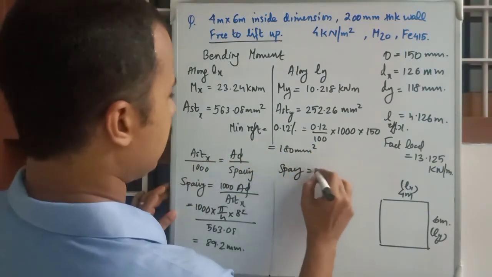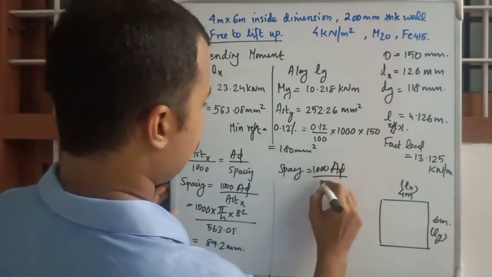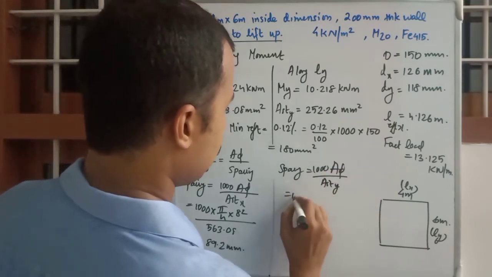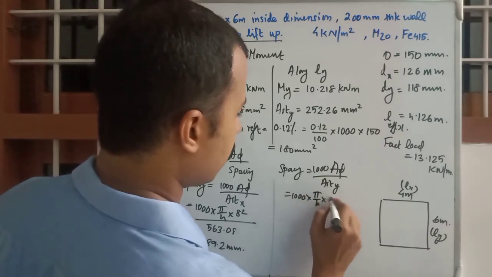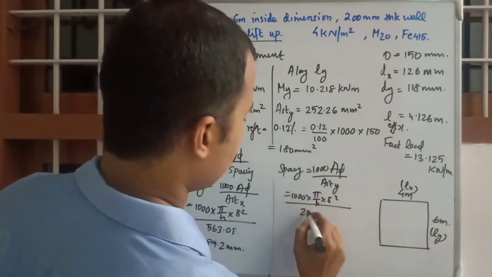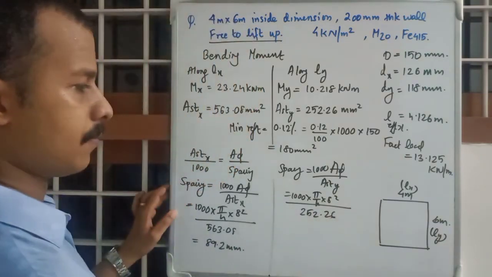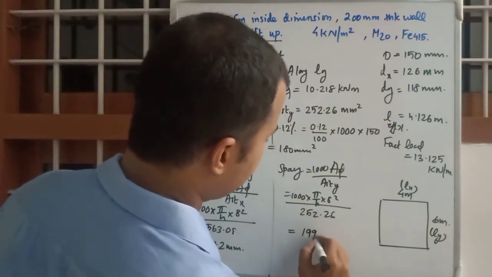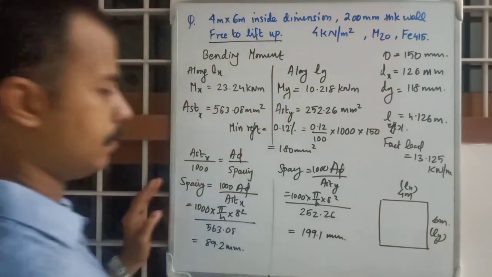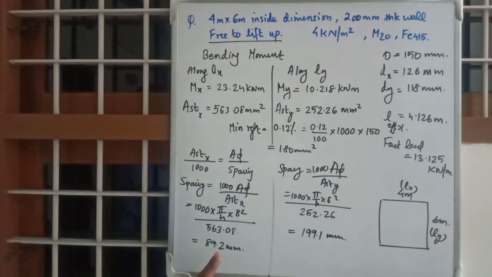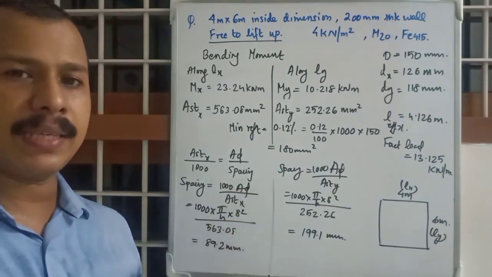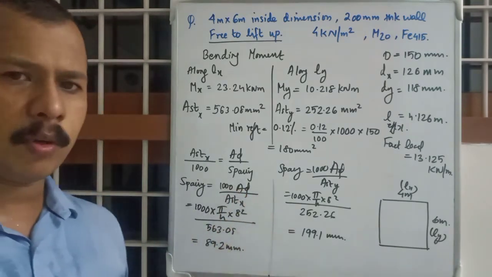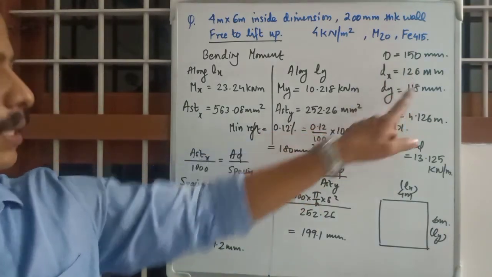Okay, the same equation we will take here. Spacing is equal to 1000 Ast by Asty, 1000 into pi by 4 into 8 square divided by 252.26. You will get the answer. Spacing in Ly direction as 199.1 mm. Okay, so you have spacing and Ast. What is the diameter also? Okay, so you can check the maximum spacing also, but in this case we know it won't be handy because 3d will be always greater than these two values.